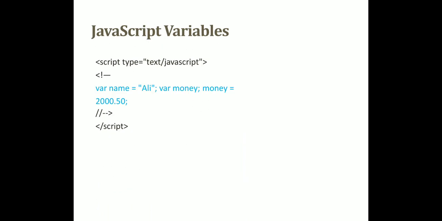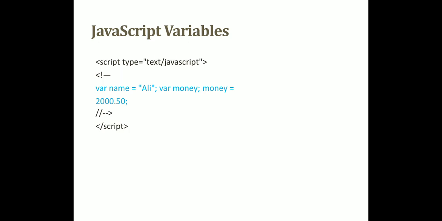Then the JavaScript variables. You can just use var and go on defining the variables. For example, here you can see var name equals Ali, and var money equals price given 2000.50.